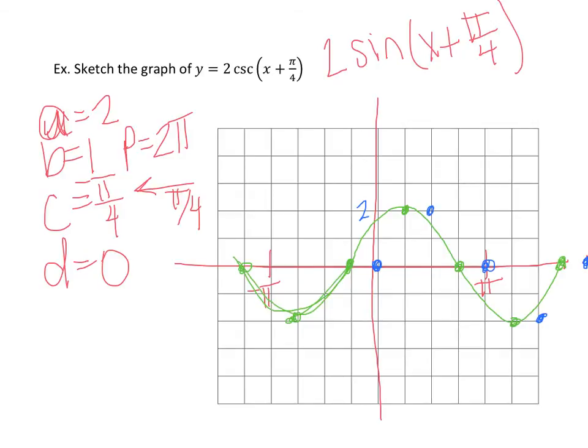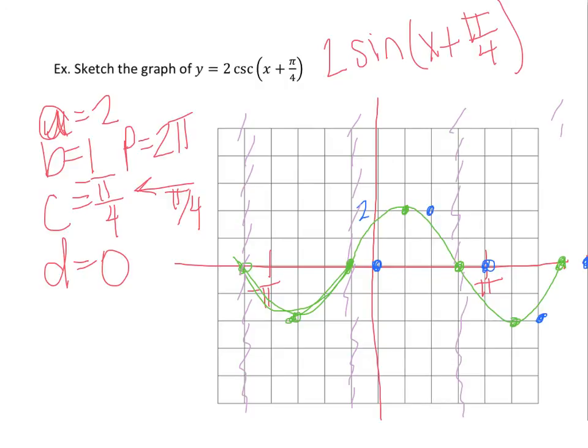Now that's not my final answer because the question asked you to graph cosecant. So that means now we go in, we draw some asymptotes at our x-intercepts. And we draw in the parabolas.